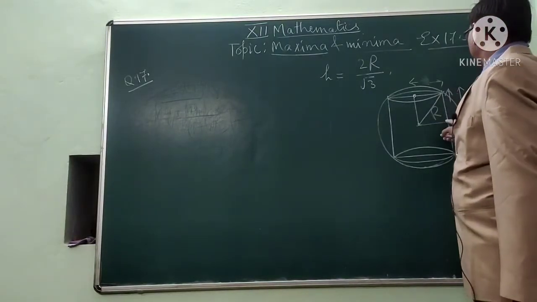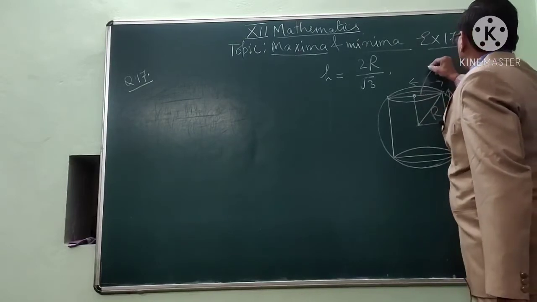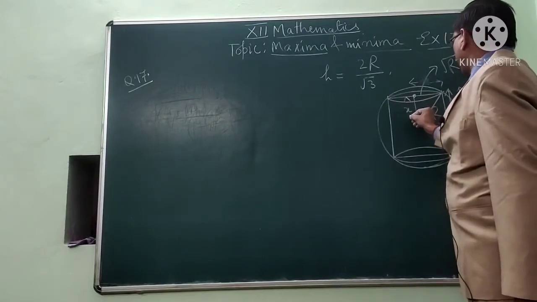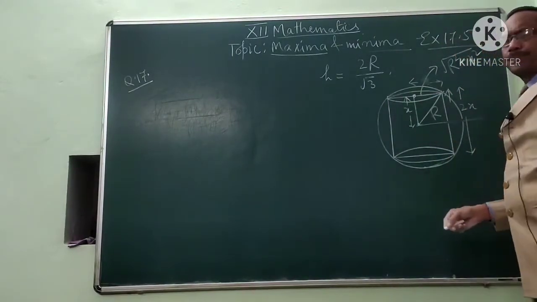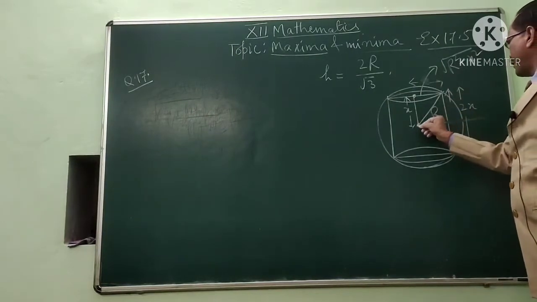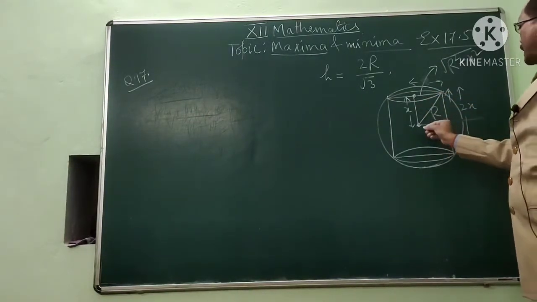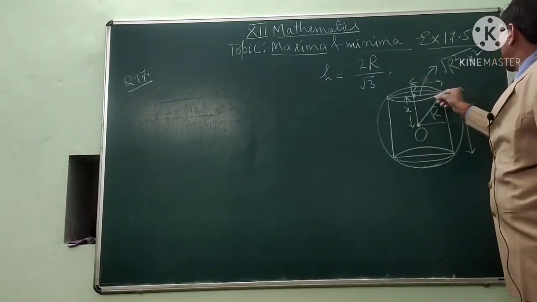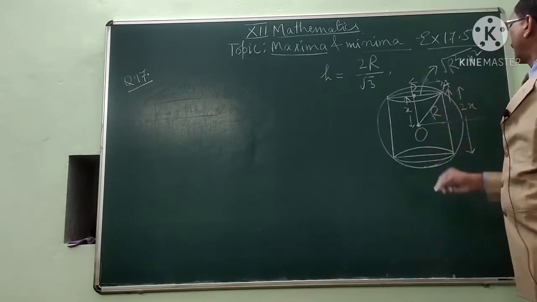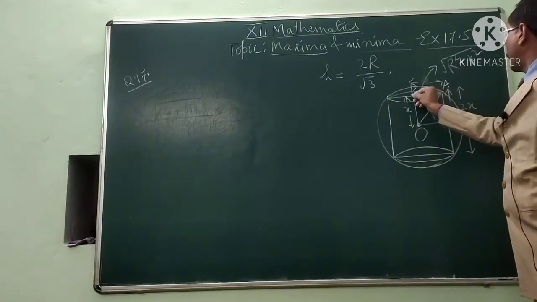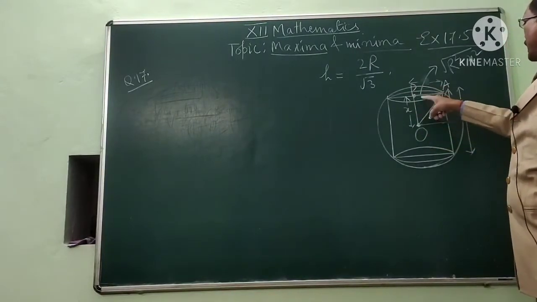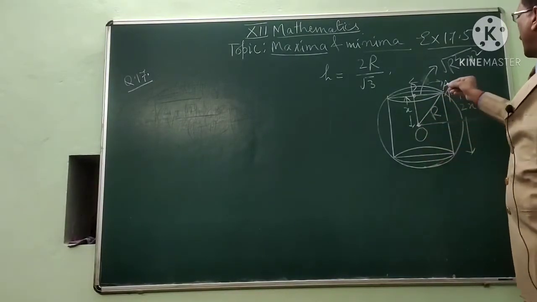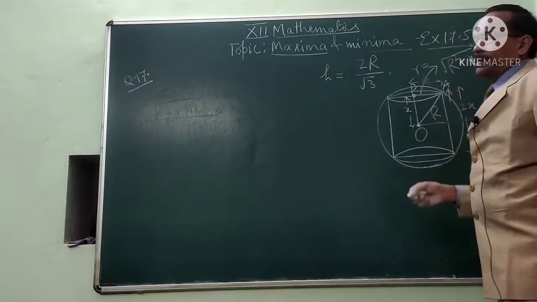Then this radius will be root r square minus x square, because this part will also be x. This is half of the height. It is center O. Let it be P. It is A. Then we can also find this value by Pythagoras. It is root of r square minus x square, the small r, radius of the cylinder.